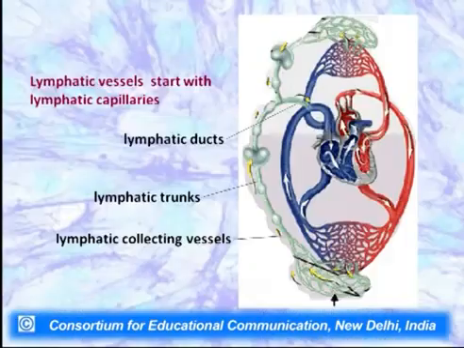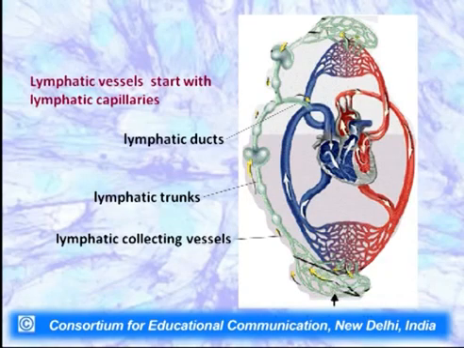Now, this is again a similar picture showing that lymphatic vessels start with lymphatic capillaries. You can see in the lower part of this, the lymphatic capillaries are the minute capillaries which go parallel to the blood capillaries. Whatever fluid is coming out through the blood capillaries through its membrane is now going into the lymphatic capillary.